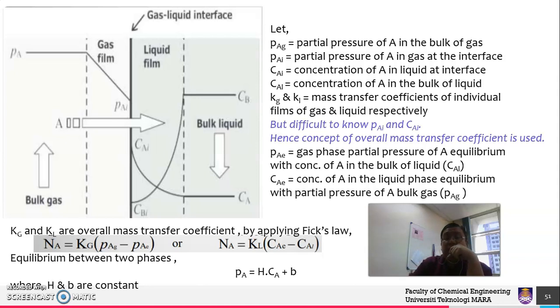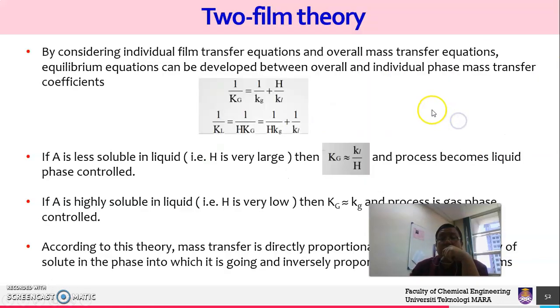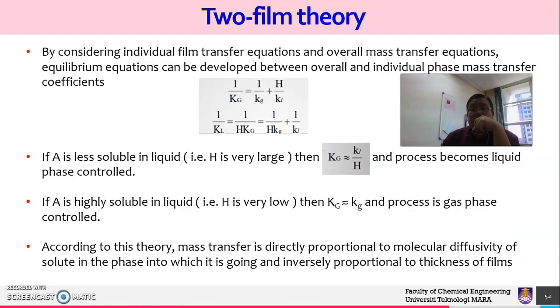You will find that at the end of it, you will get this equation, which happens to be the resistance of the mechanism of the mass transfer.